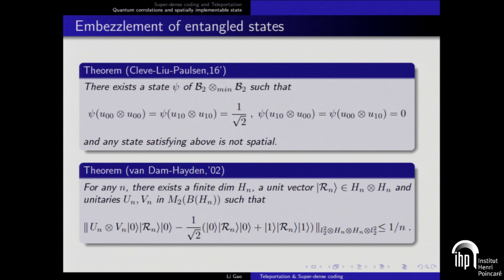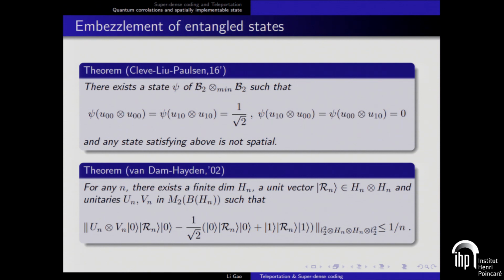And moreover, Paulsen and coauthors show that a perfect embezzlement, where this error is 0, cannot exist in this tensor product setting, even if you allow the Hilbert space to be infinite dimensional. So they can say that any such exact values cannot be spatial.